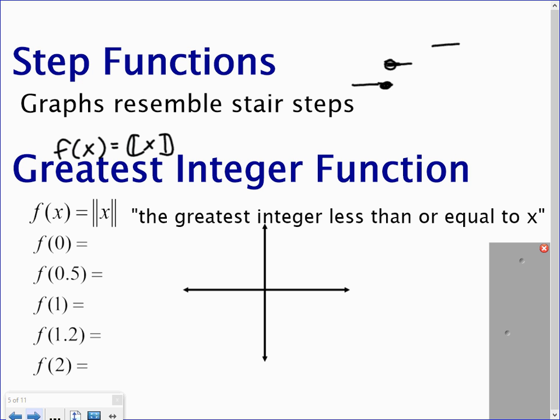Okay, if I put 0 into the greatest integer function, I would read that as selecting the greatest integer, nice number, that is less than or equal to 0. That would be 0. So this is my x, and this is my y, and (0, 0) is a point on my graph.